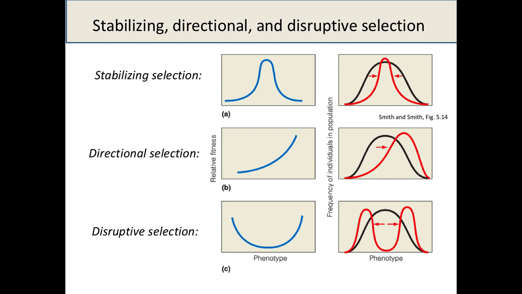Into a particular habitat where there's a very high risk of predation for one hair color in one region, and a very high risk of predation for another hair color in another region, we get disruptive selection towards dark hair colored individuals and light hair colored individuals across this habitat gradient.